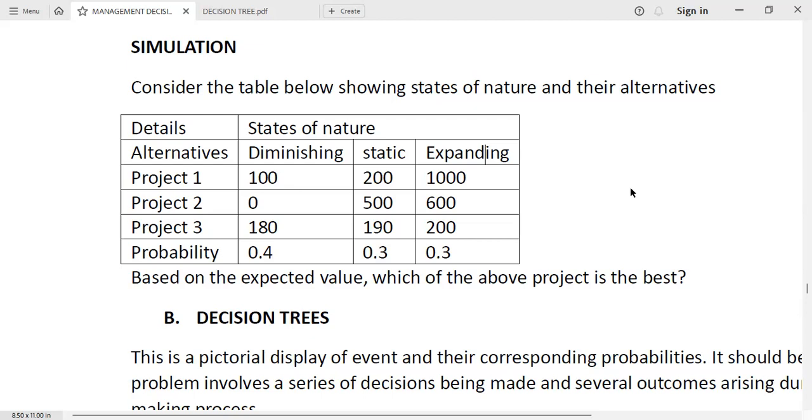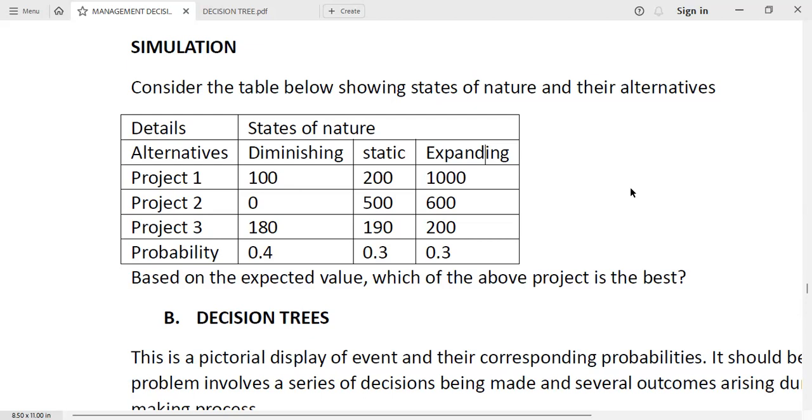But we are going to be using this one question to do both methods. We say a decision making under risk, we use two different methods. One is the expected value, and for that expected value, we get the payoffs, we multiply them by the different probabilities that have been given to us.